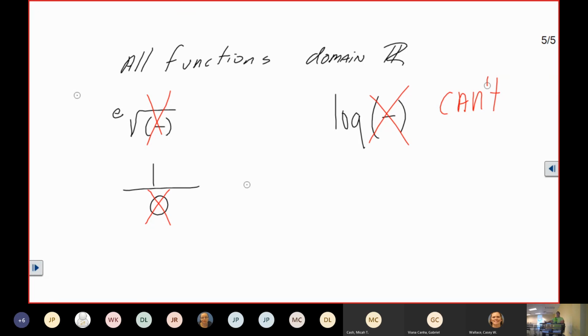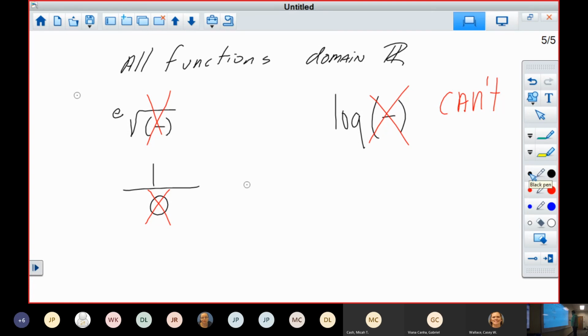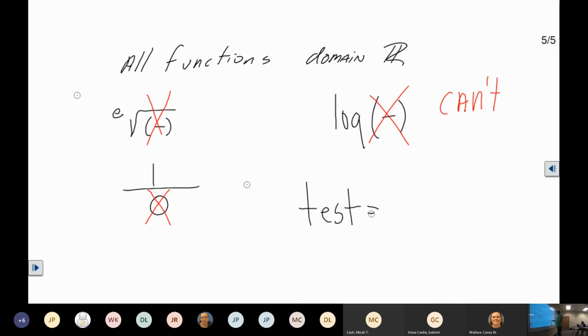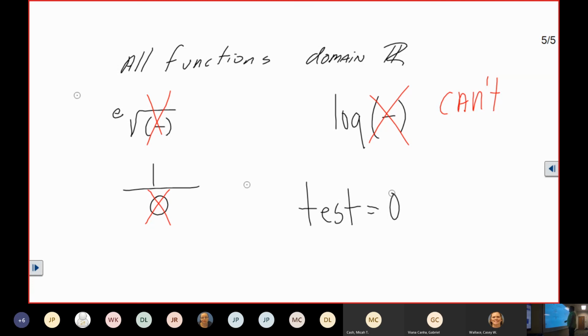Okay? So how do you know? Well, you set whatever you're testing, you set it equal to 0. So if I've got the square root of x minus 5, I'm going to set x minus 5 equal to 0.